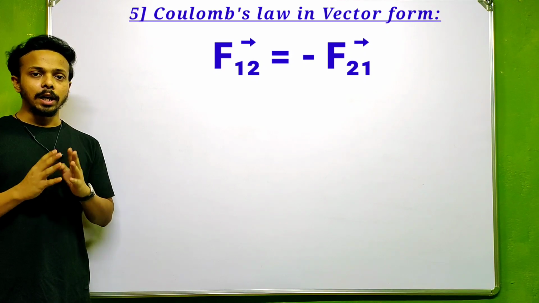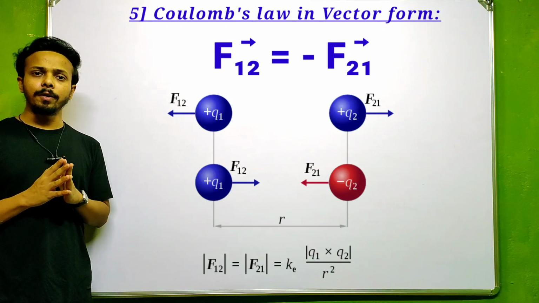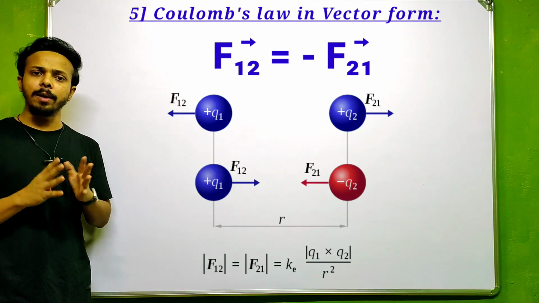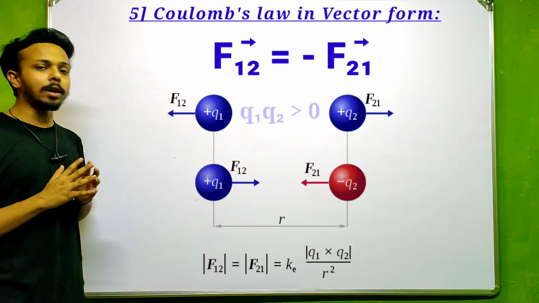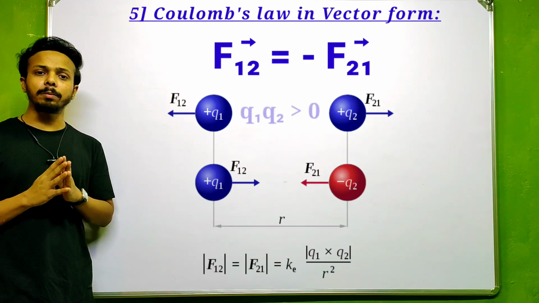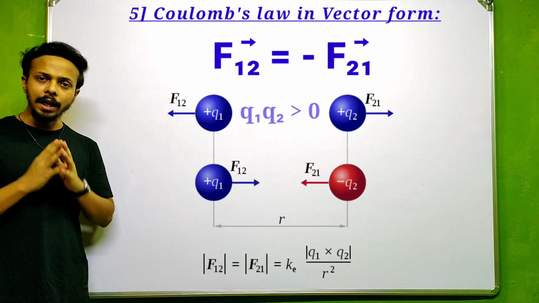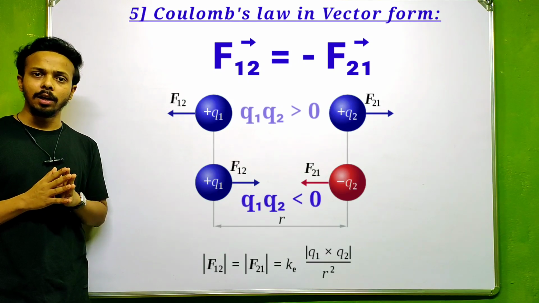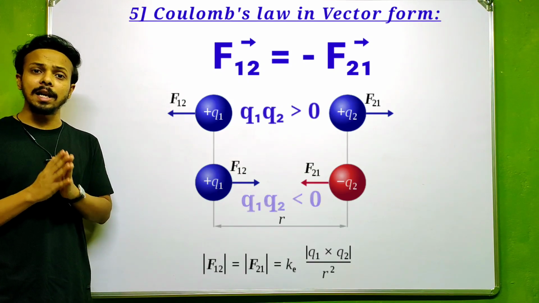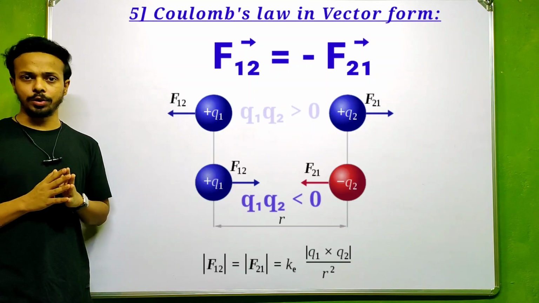Therefore, suppose the two charges q1 and q2 are of same kind, means they are of same polarity, then the product q1 into q2 is more than 0 and the force between the charges is a repulsive force. And if q1 and q2 are of opposite polarity, then the product q1 q2 is less than 0 and the force between them is an attractive force.